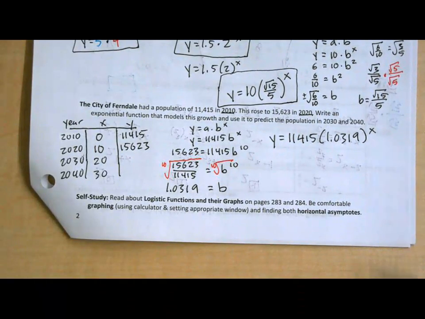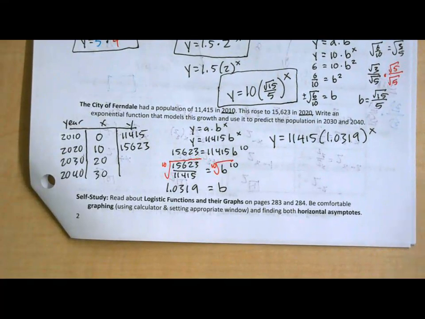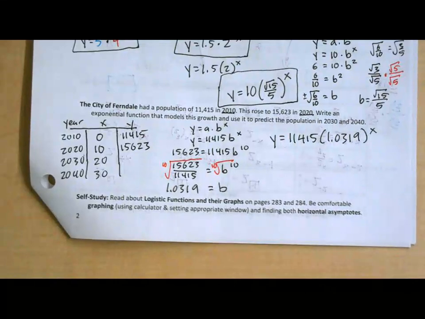All right, here's my question. Can somebody please tell me by what percent Ferndale's population is growing each year? That was terrible grammar, by the way. What do you think? About 3.